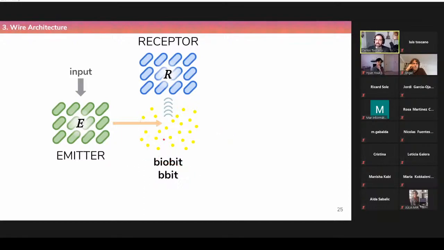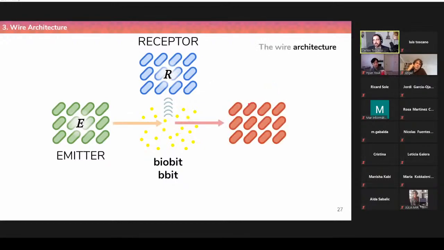These molecules will be sensed by another strain, which I will call the receptor strain.